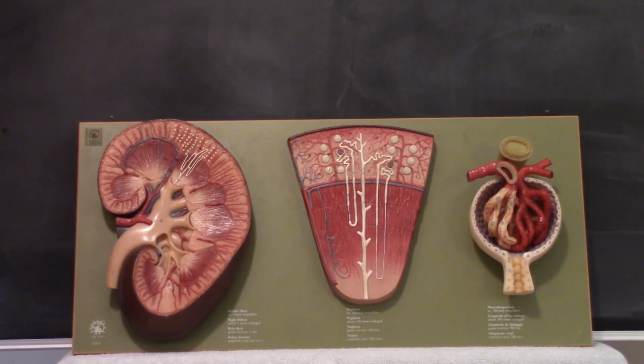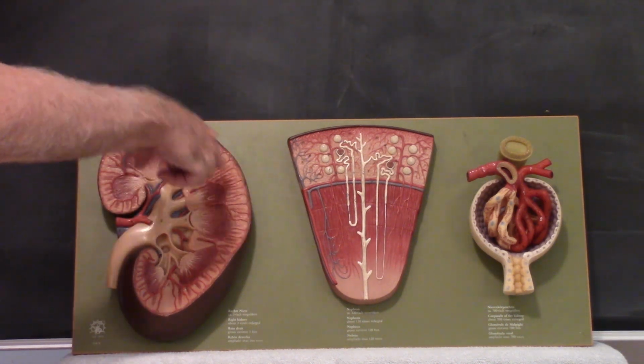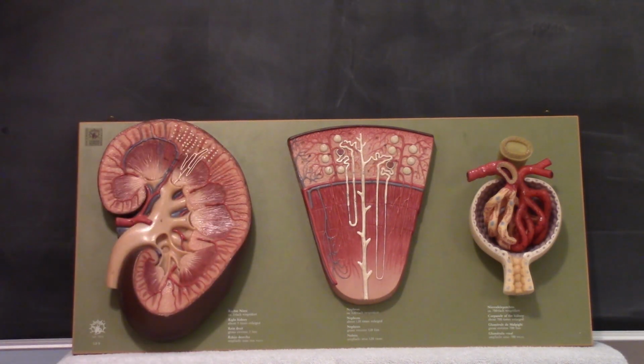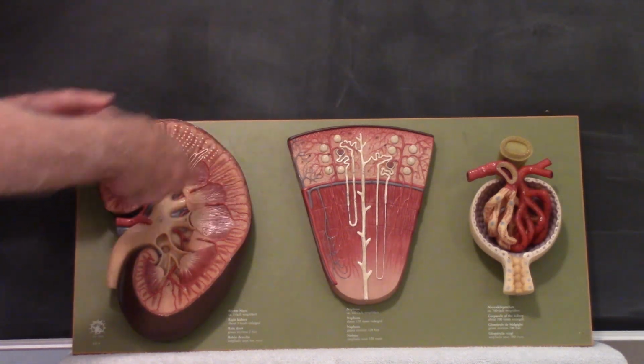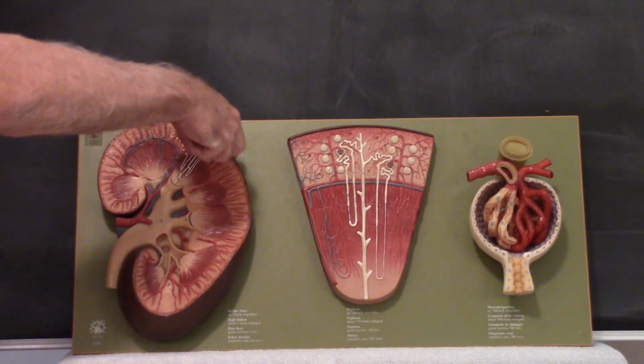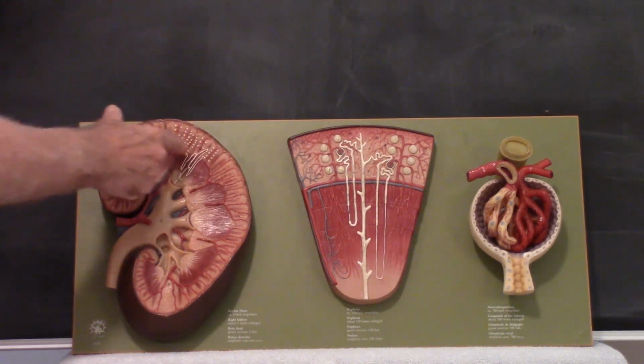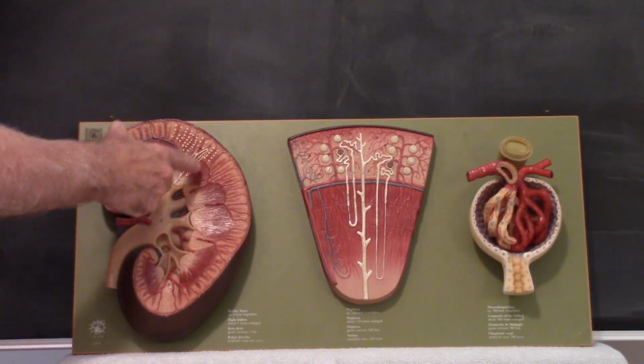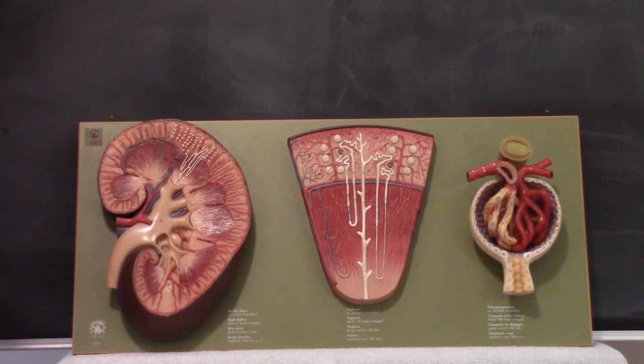So what we're going to end up doing is taking a wedge out of this kidney, and it's a wedge that will include the renal capsule, renal cortex, and one renal pyramid within the renal medulla.